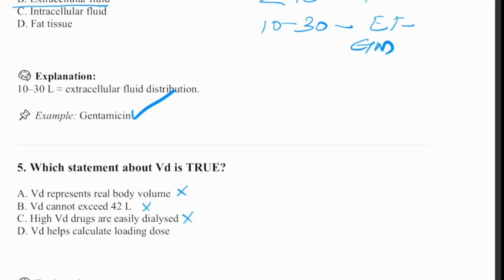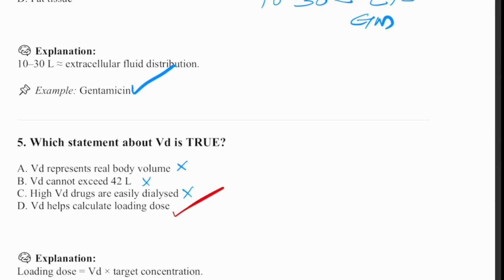The Vd helps to calculate the loading dose. That is the correct answer. So what is the loading dose? Loading dose is equal to Vd into target concentration.